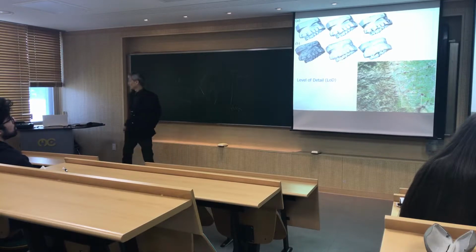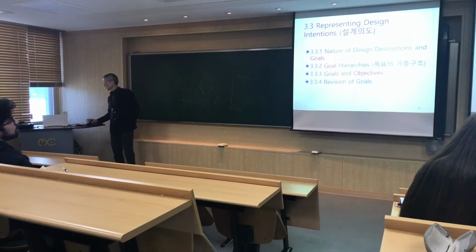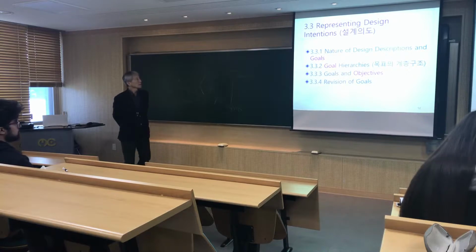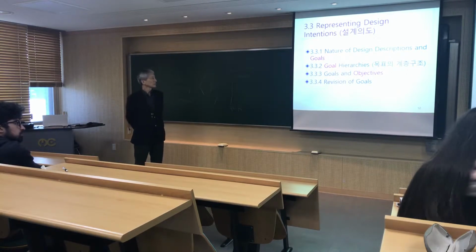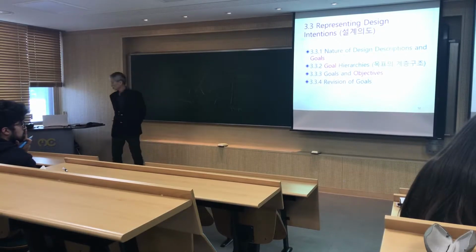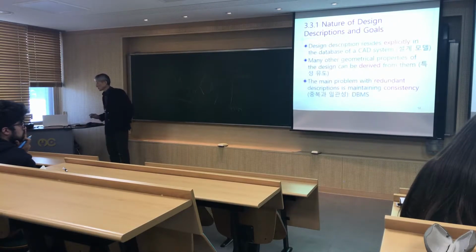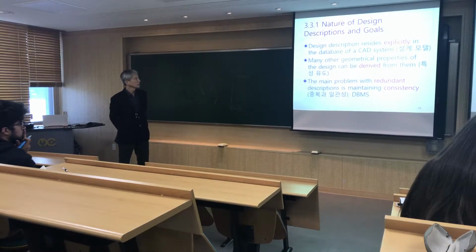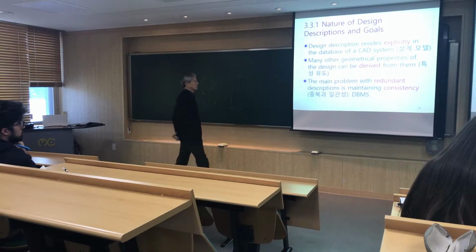Also the Google and then design intention, the requirement or goal hierarchies, objectives, similar wording. So design description is we are doing explicit, implicit, and derived. Implicit properties are derived from them, and also there is redundancy problems.